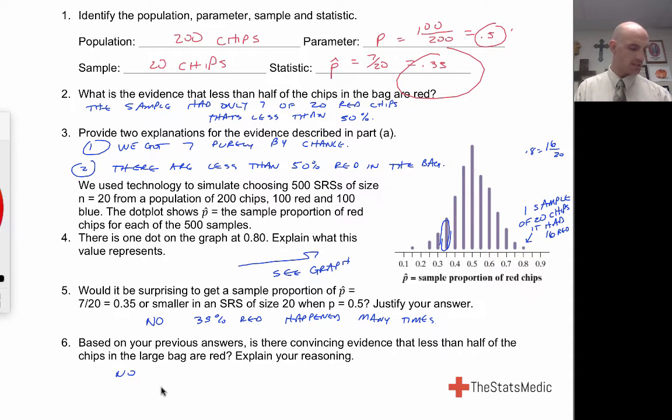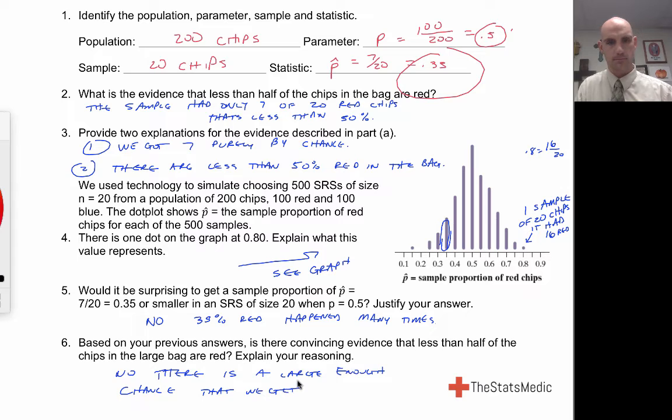There's a large enough chance that we get a sample proportion of 35%. So there is a large enough chance that we get 35% or less, right?